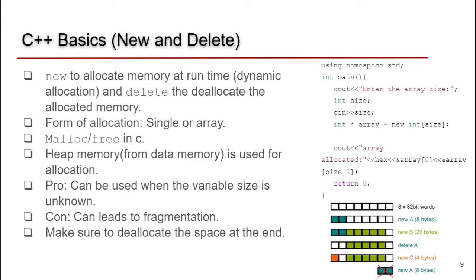Say we have a node class, the old way. Node n1 equals new, then the name of the class, and the brackets.